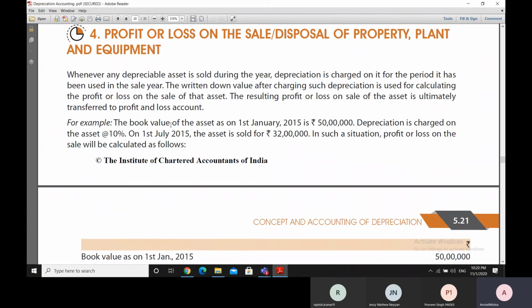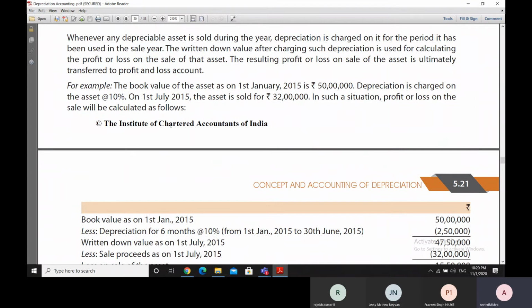So to calculate that, first thing that we do is we take the book value as on 1st January 2015. Then we allow a depreciation for 6 months, because here the asset is being sold for 32 lakh rupees on 1st July.